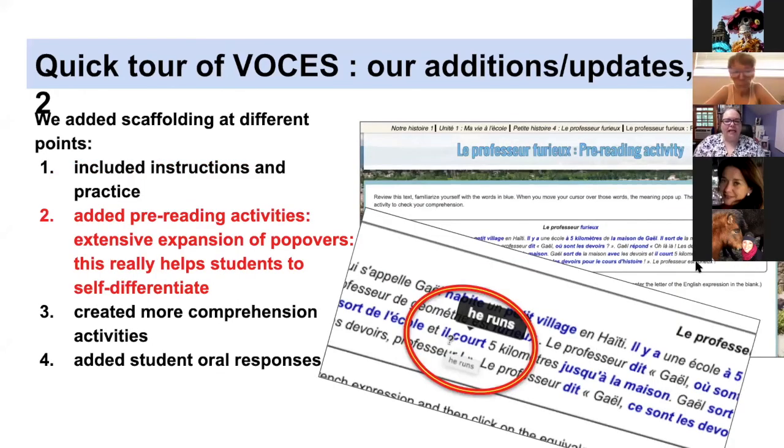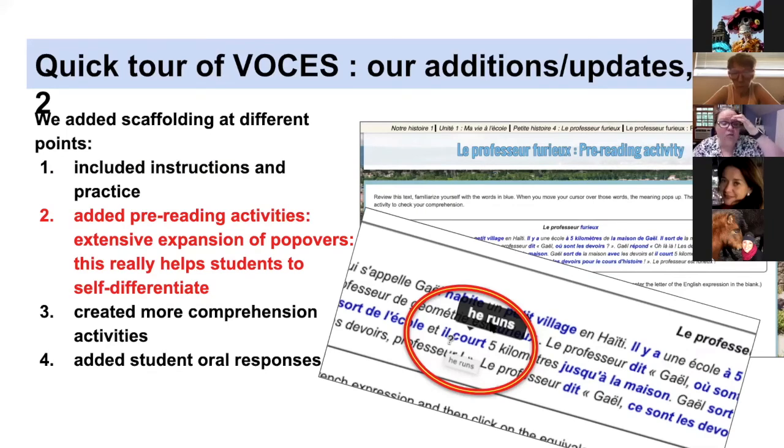Then we added some pre-reading activities. These are the popovers. So if you see the words that are in blue, those are the ones that we added in. When you mouse over it, like here, you mouse over il court, and it comes up with he runs.